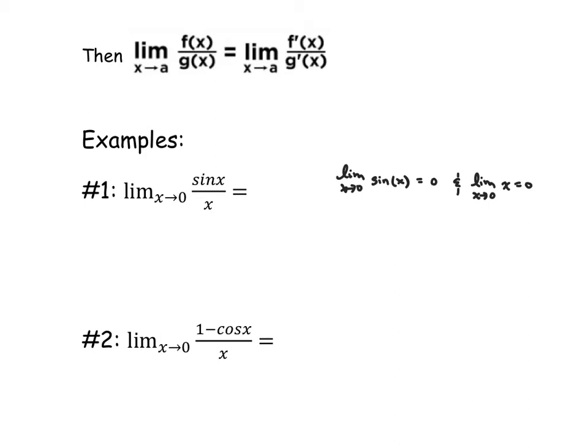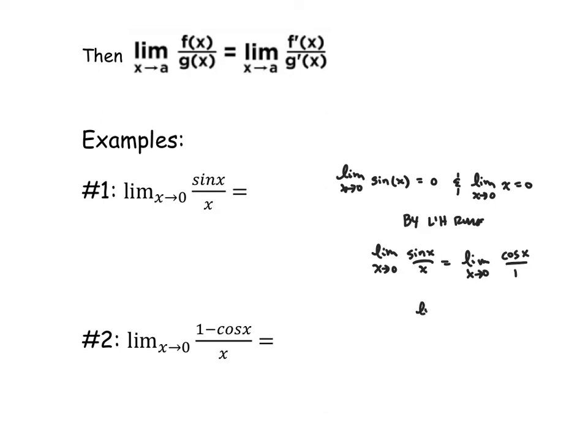Since I would have the form 0 over 0, that indeterminate form, by L'Hopital's rule, the limit as x approaches 0 of sine x over x is equivalent to the limit as x approaches 0 of the derivative of sine x, which is cosine x, over the derivative of x, which is 1.